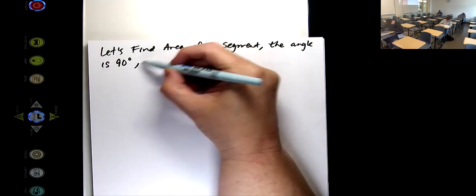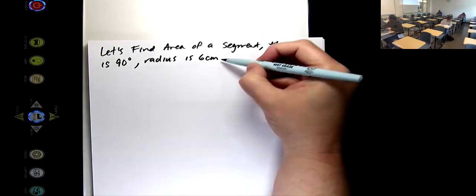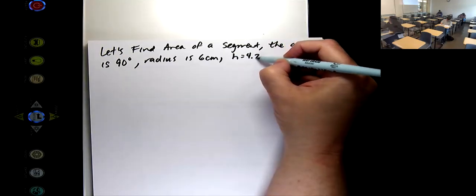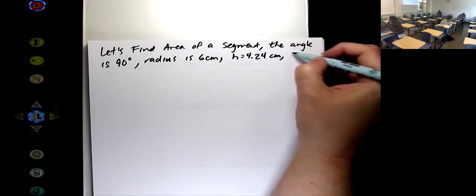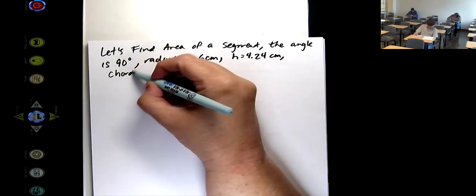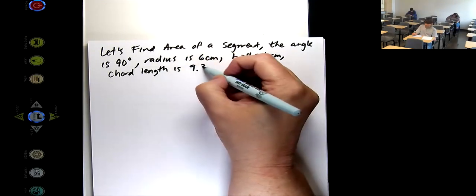We still have radius is 6 centimeters. That height is 4.24 centimeters, and that chord length is 9.3 centimeters.